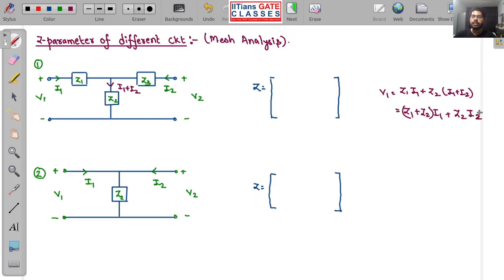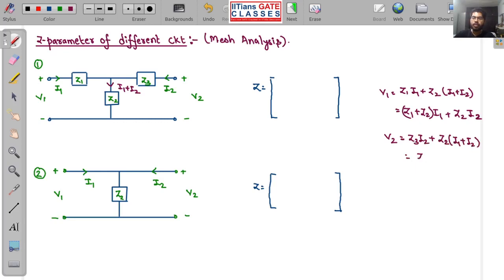Similarly, if I write KVL from the output port side, V2 is equal to Z3 I2 plus Z2 into (I1 plus I2).